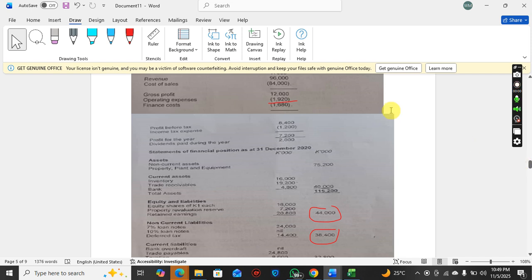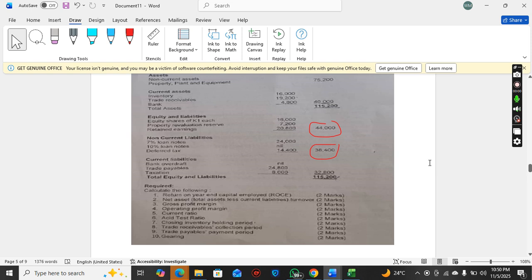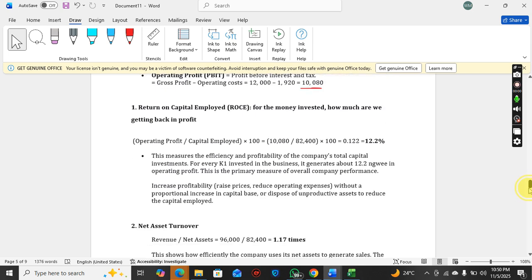Because there are certain questions where you actually have to, after you do the trading profit and loss account, find the values that you need to put in there, instead of just getting them already made.